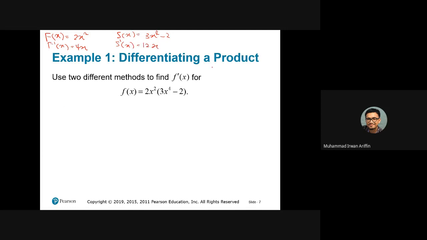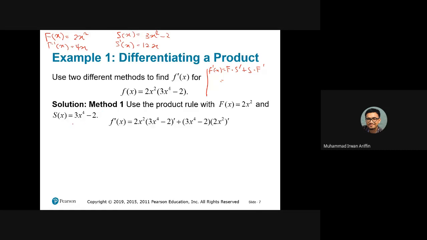Now, if you want to apply the formula, if you remember, f prime of x would equal f multiplied with the derivative of s, plus s multiplied with the derivative of f. So let's look at the answer here. You simply rewrite the whole thing back here: 2x squared multiplied with the second derivative, which is 12x cubed.